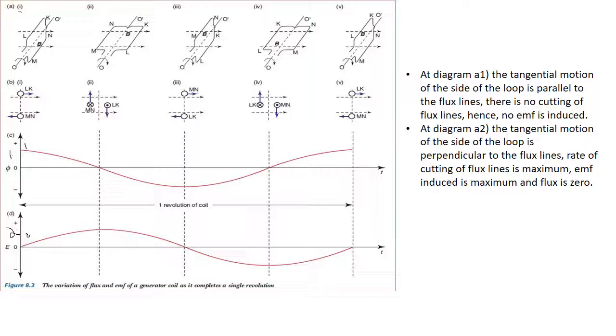And this is in accordance with Faraday's law. Faraday's law states that when there is flux cutting, or when the coil is perpendicular to the flux, the EMF is maximum. Okay, so when we look at diagram number 2, we see that the coil is flat. The coil is horizontal. So when the coil is horizontal, there is no flux linkage.